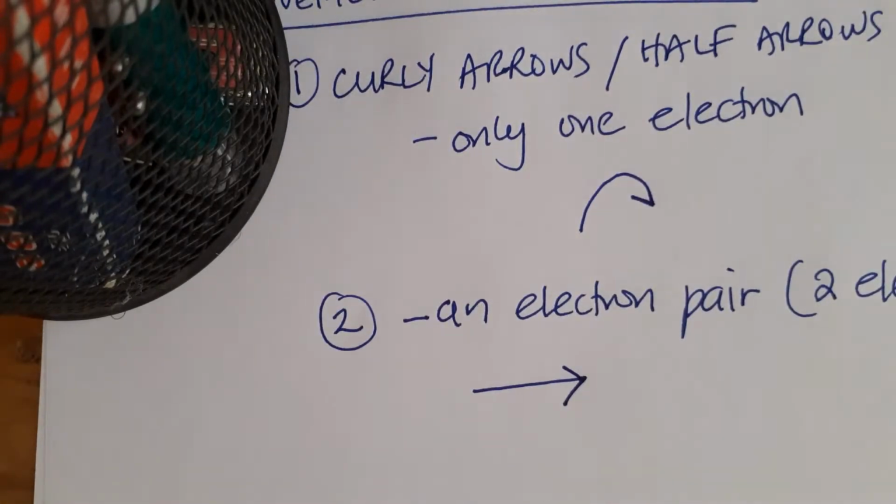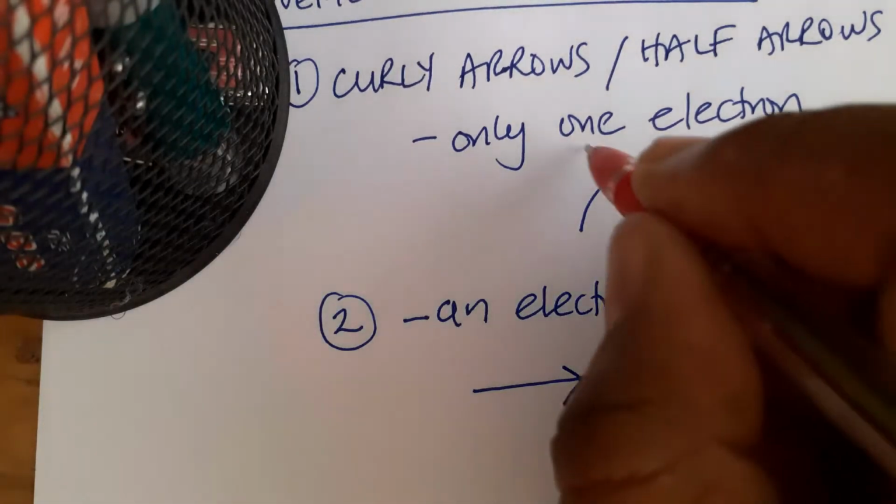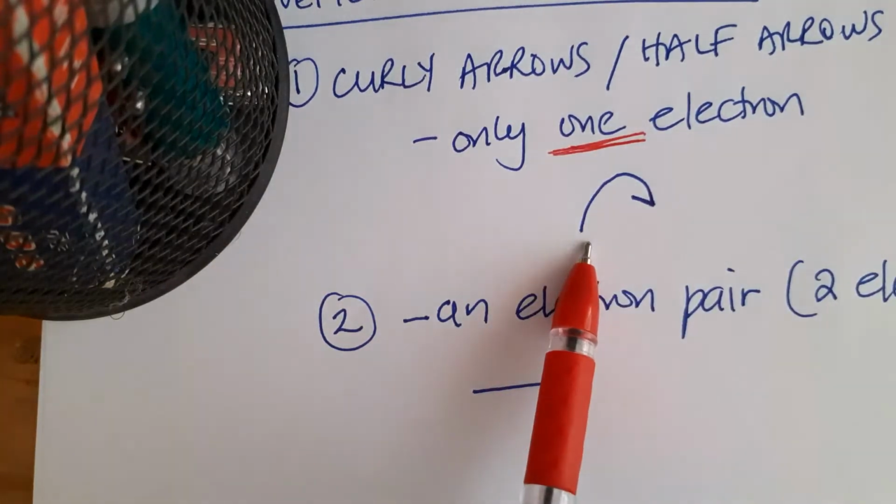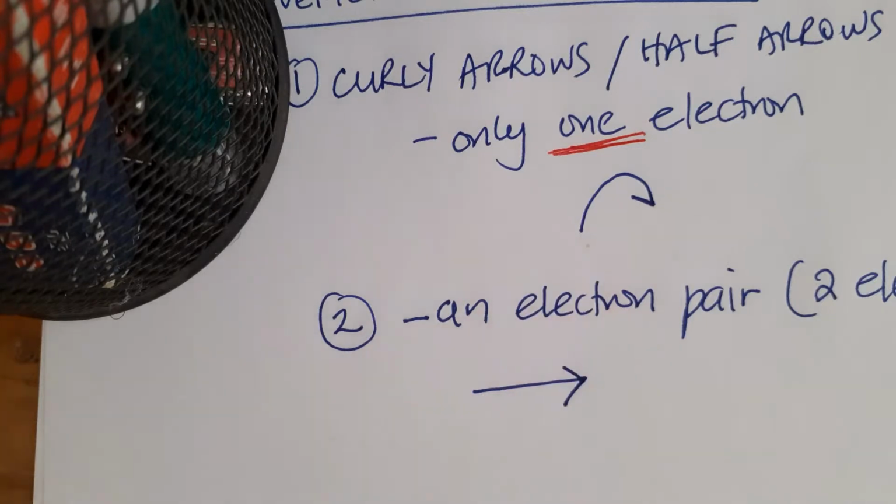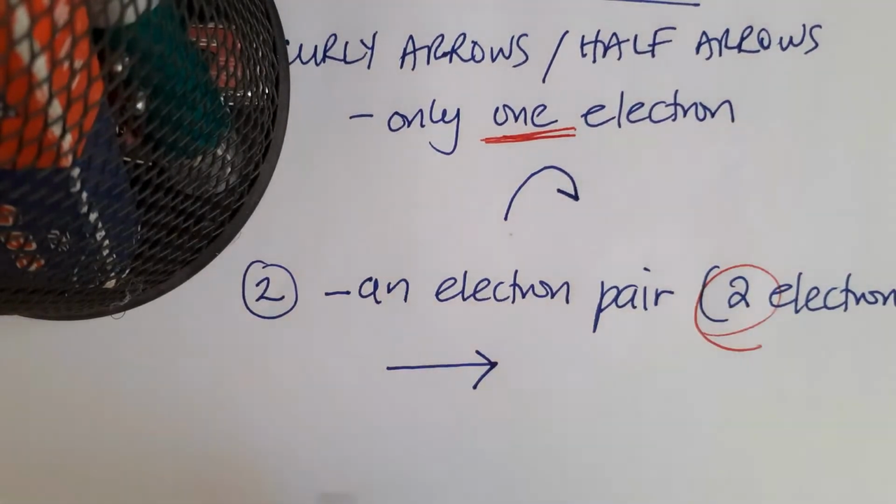And that's what we're going to be using now to show the movement of electrons. Please recall, if you want to show the movement of only one electron, you're going to use a half arrow or a curly arrow. And if you want to show the movement of two electrons or an electron pair, you're going to use a regular arrow.